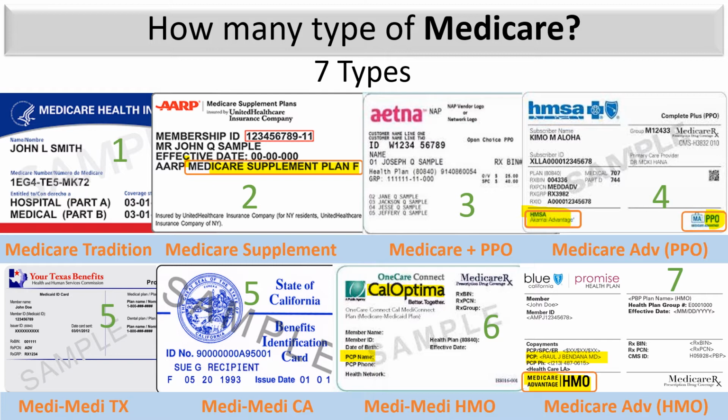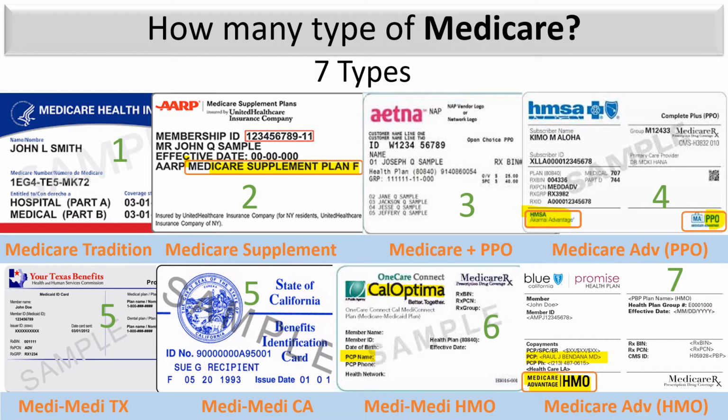So number 6 is Medi HMO. With Medi HMO, we can remove the HMO so they can go back to Medi. After we remove it, the next month they become number 5, and we can treat them.